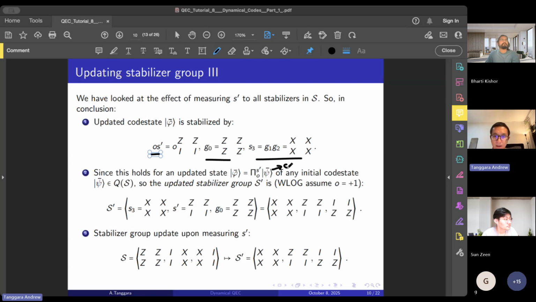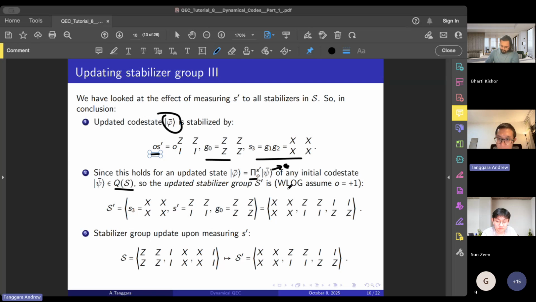It just needs to be something inside this code state QS. So therefore, this is true for any code state psi bar. So if I project it using this projector, after I measure S prime and get outcome O, any updated code state is going to be stabilized by these three operators, right?